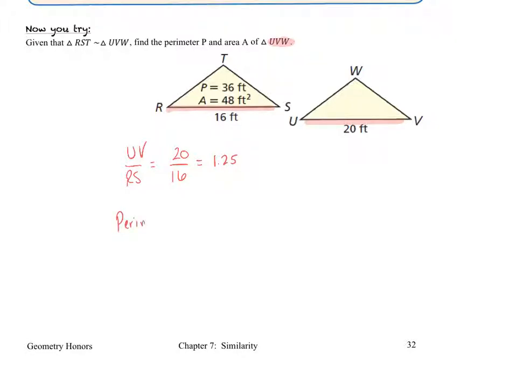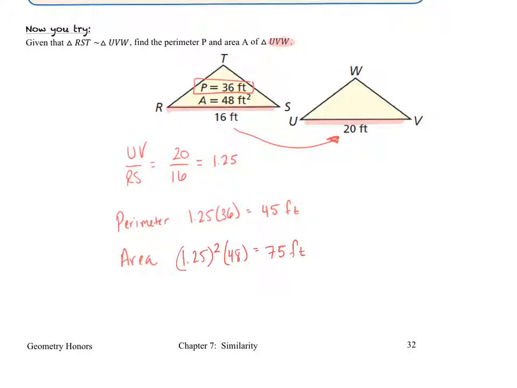So for the perimeter, it's going to be 1.25 times the perimeter of triangle RTS, or RST, which is 45 feet. Makes sense because it's going to be a little bit bigger if it got a little bigger from 16 to 20. And then the area, remember, is going to be that ratio, 1.25 squared times the area provided. Do my exponents first. And we get 75 feet squared when we multiply all that.